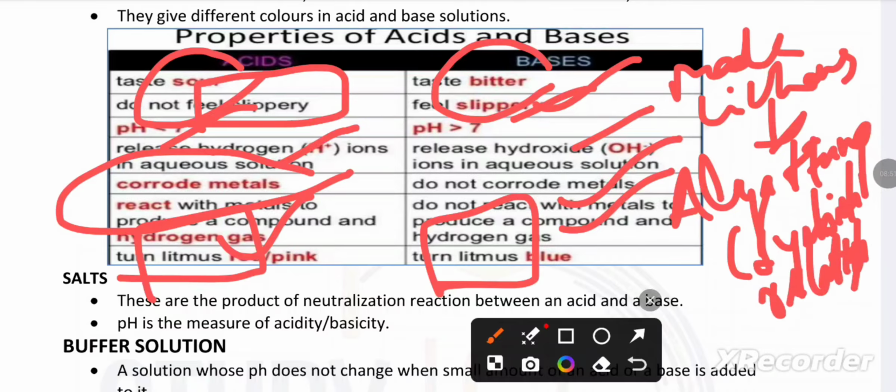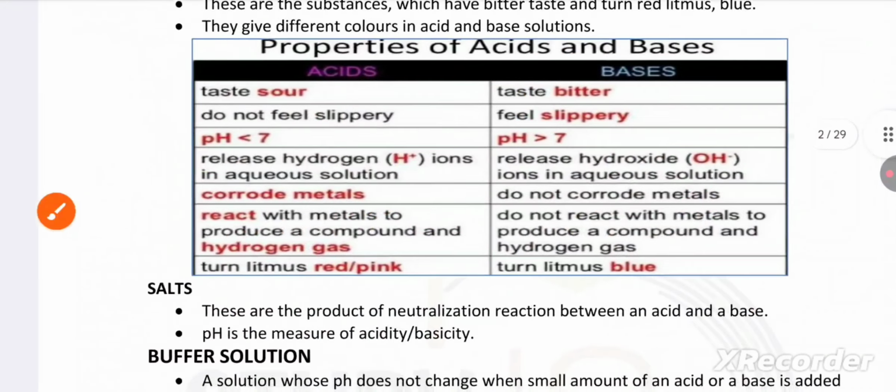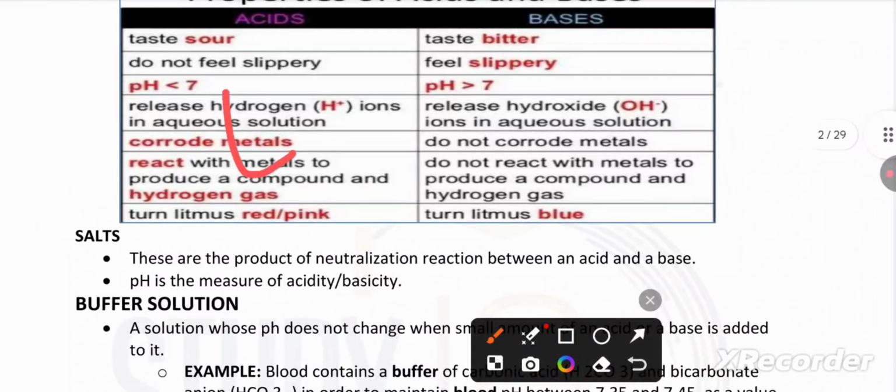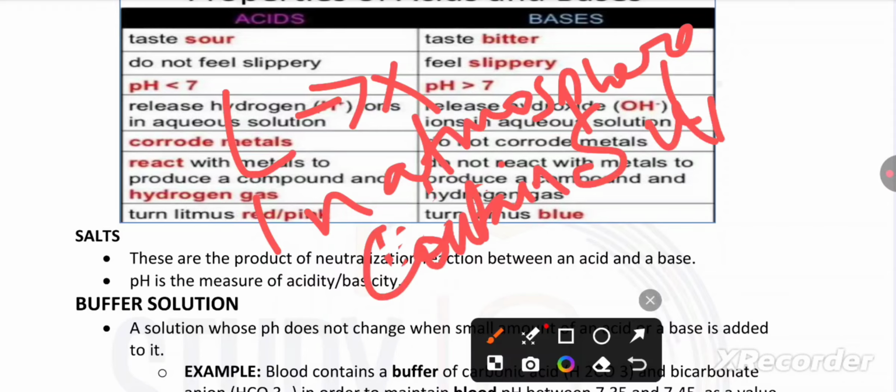Okay, another thing about lichens. If lichens are absent in that atmosphere, that atmosphere contains sulfur.